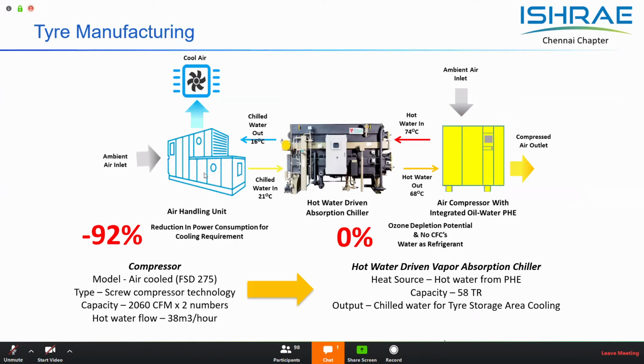The tire industry also requires a lot of cooling in various locations for spot cooling, etc. So what is done is this heat from the compressor is captured as hot water, and that hot water is put through an absorption unit to generate chilled water, and it can easily meet the air conditioning demand of the industry.